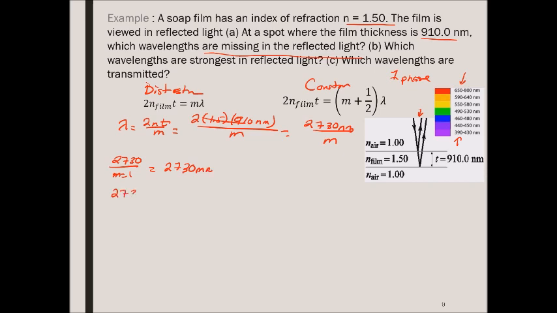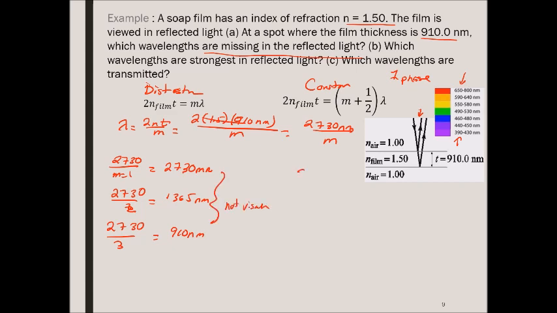Then 2,730 over 2 is equal to 1,365 nanometers, again not visible. 2,730 over 3 is equal to 910 nanometers, getting closer, but not visible. So all of these are not visible.